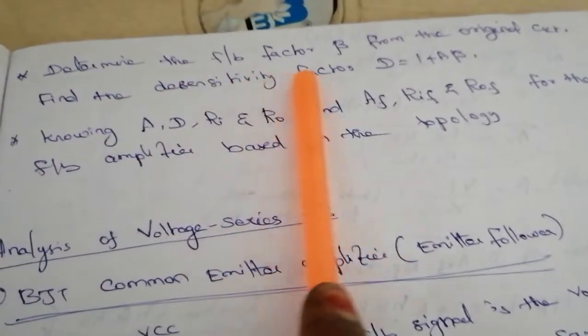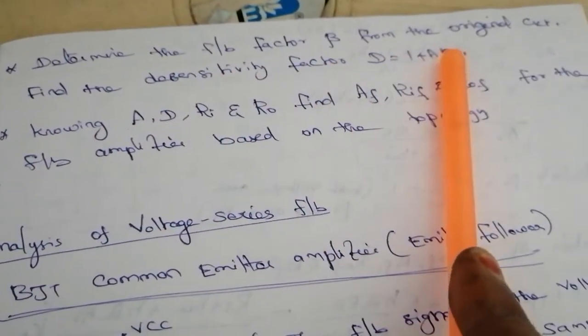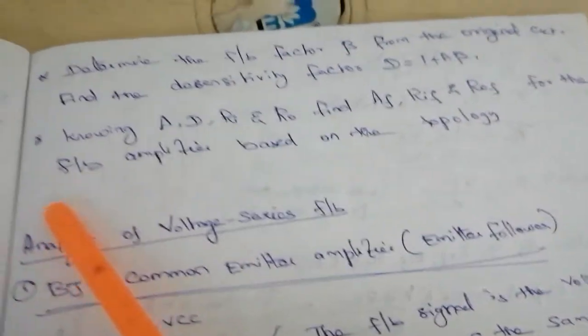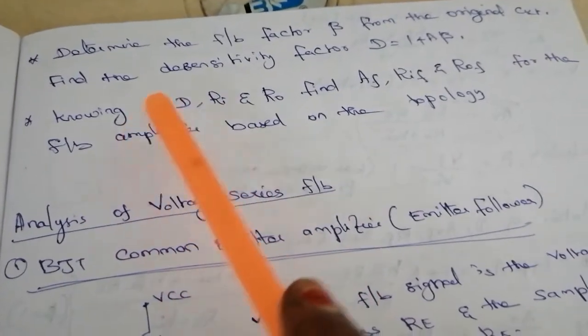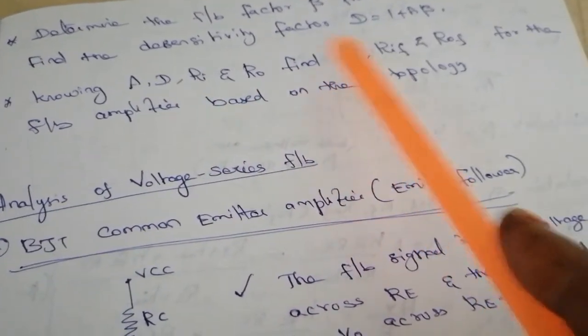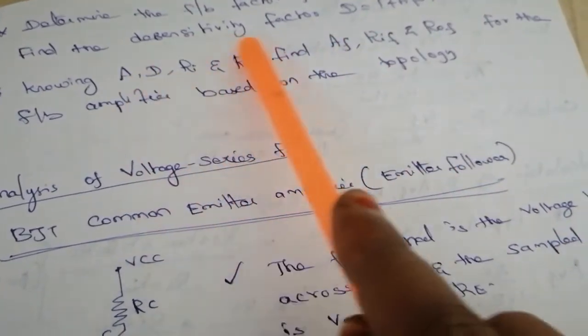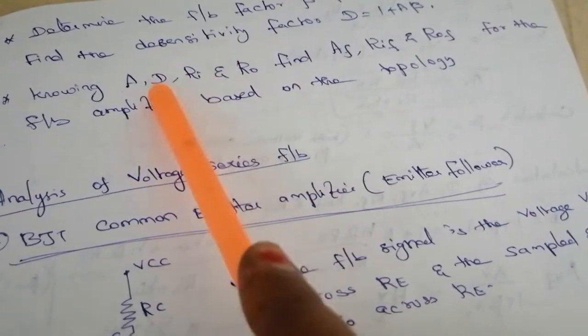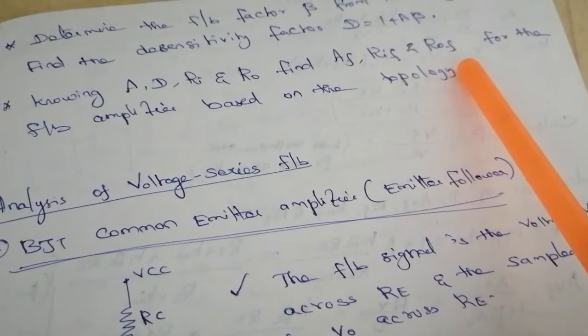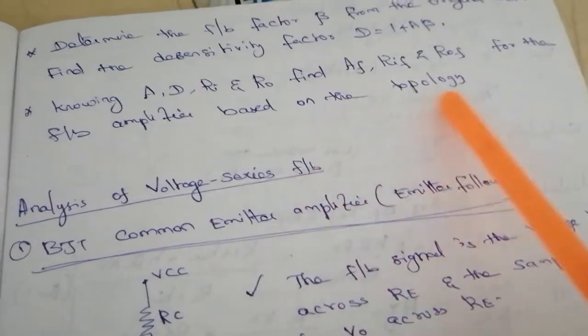Then determine the feedback factor beta from the original circuit. Find the desensitivity factor D equal to 1 plus A beta. Knowing A, that is gain, desensitivity, Ri and Ro, we can find these without feedback. Once we find the without feedback parameters, from that we can easily find the with feedback parameters based on the topologies.